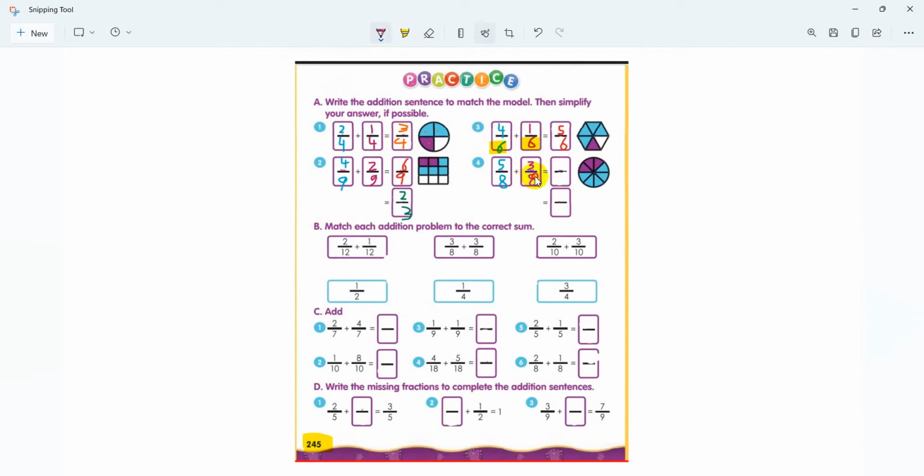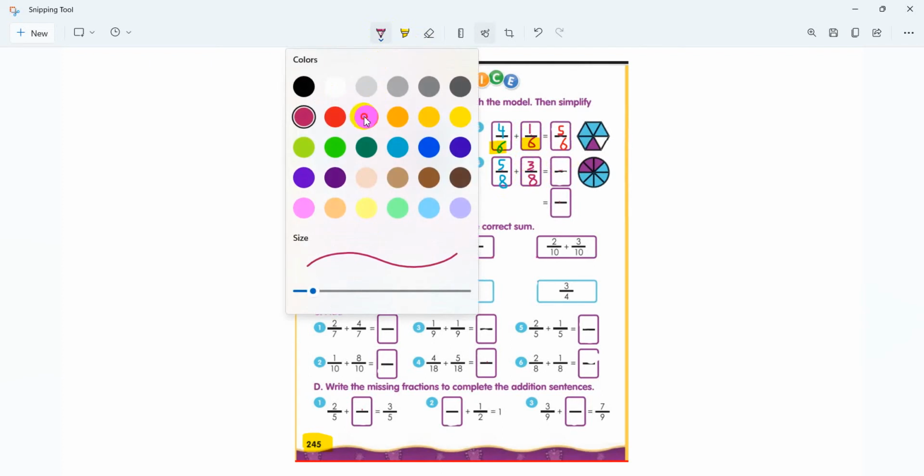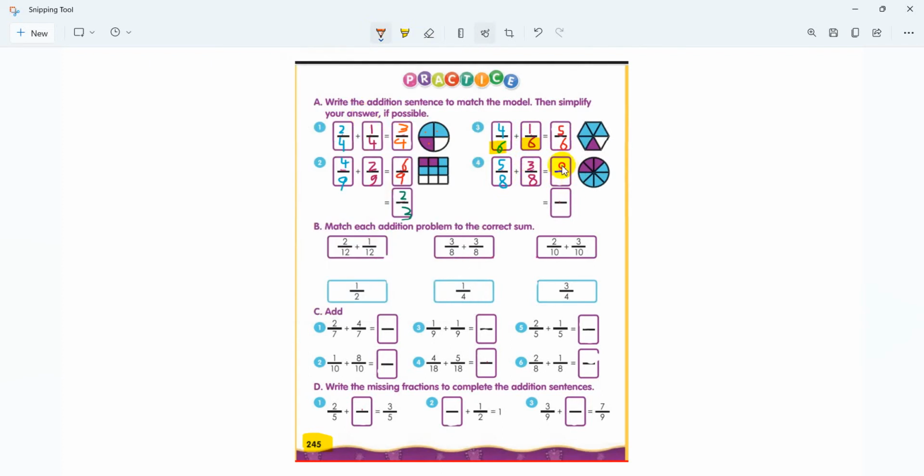Now 3 plus 5 equals 8, but it's 8 out of 8. Now we have 8 out of 8, it equals 1, so we write 1.